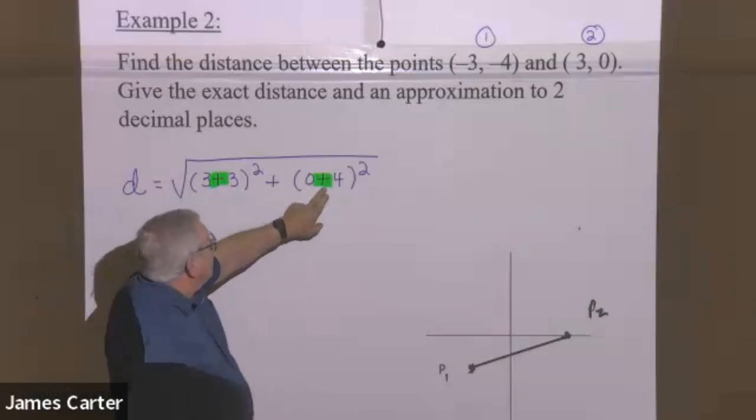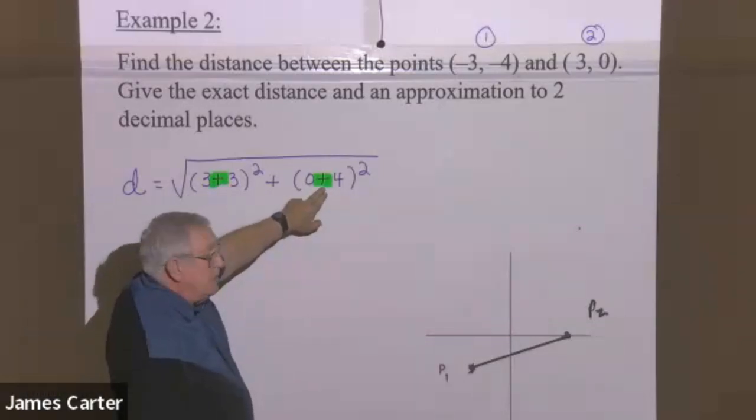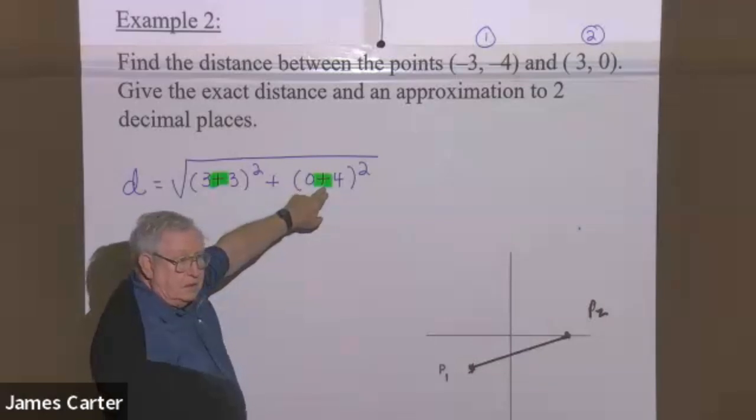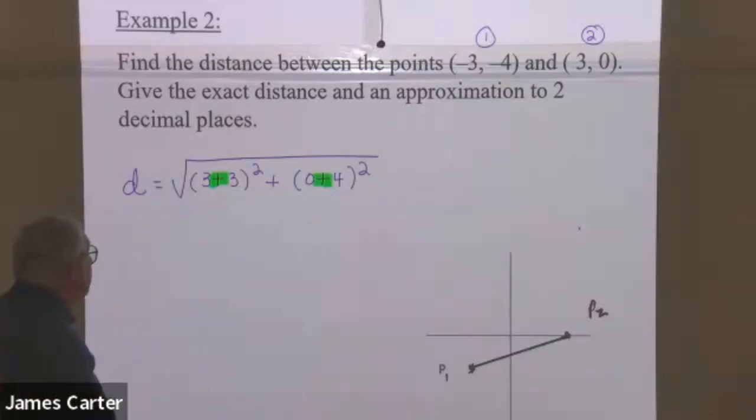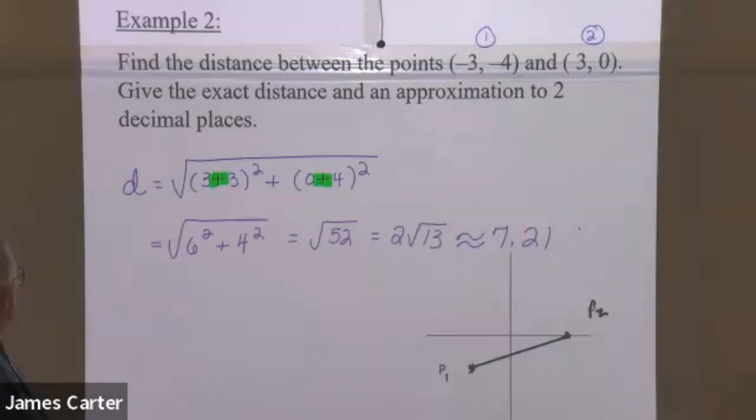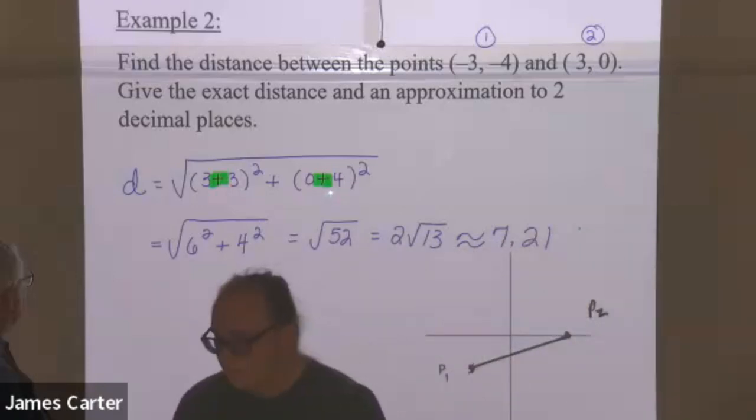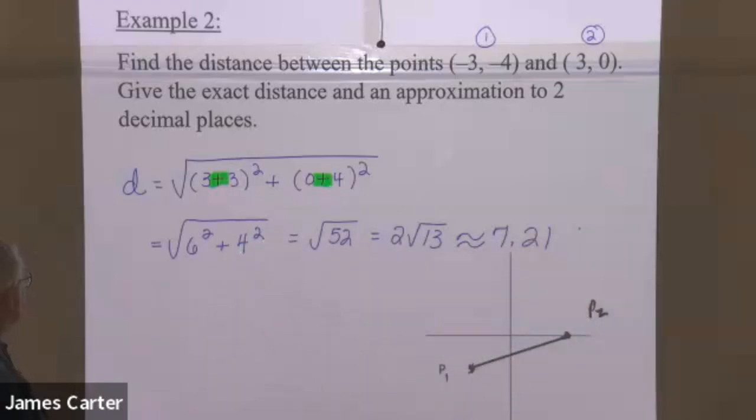Same thing over here, it would be 0 minus -4. Well, 3 plus 3 is 6 squared, plus 4 squared. 6 squared is 36 plus 16 makes 52.